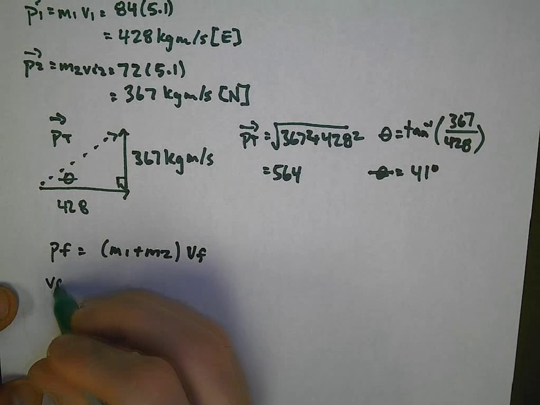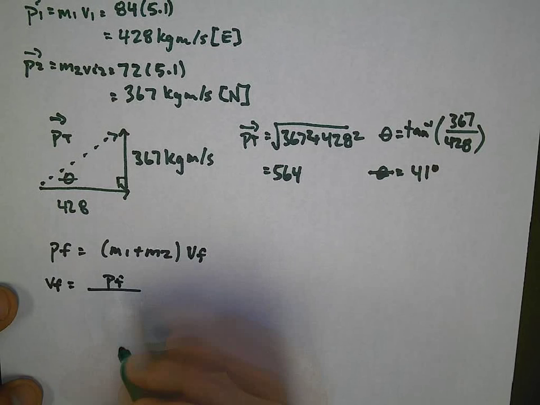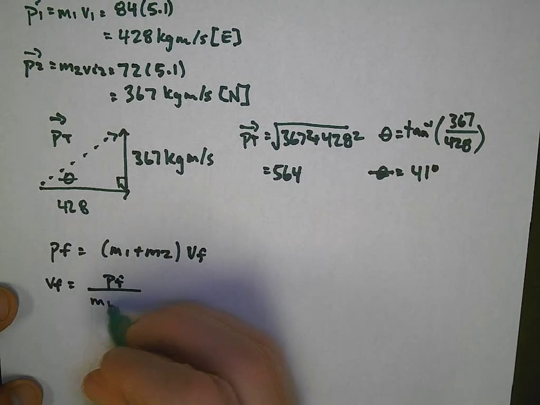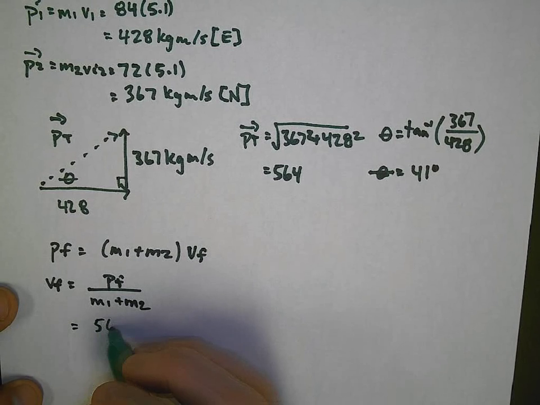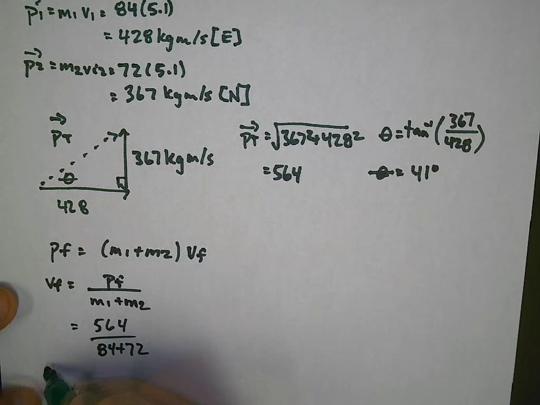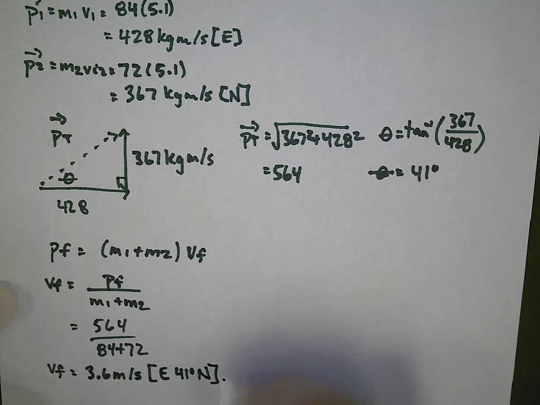So therefore, Vf is equal to that final momentum all over m1 plus m2. Therefore, 564 over 84 plus 72. So our final velocity is 3.6 meters per second east, 41 degrees north.